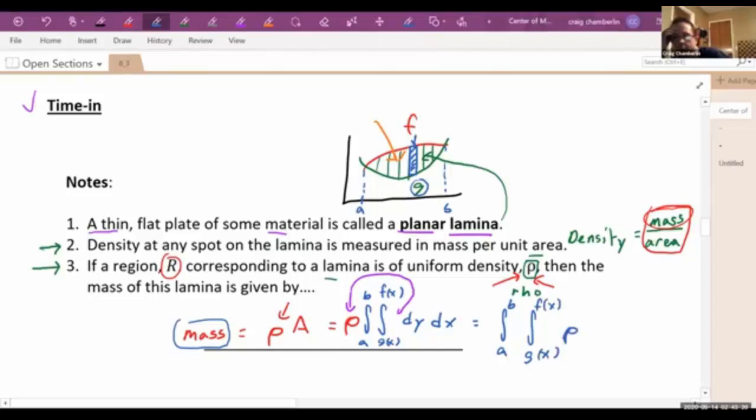Bring the constant to the inside, rho, dy dx. And that's your one way to express the mass of the planar lamina. Now, there's a reason for doing that. I'll make it clear very soon.